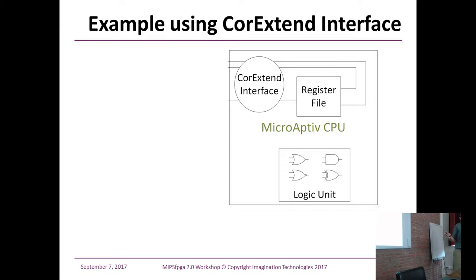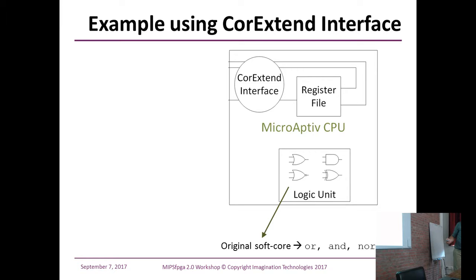Remember that when we did the lab about the logical instructions, we also included a NAND. So that's the way the students can distinguish between both ways of modifying the processor. One way is going to the softcore internals, another one is using this interface. So the register file is provided, the two registers read in one cycle are provided through the core extend interface to outside the CPU, right?